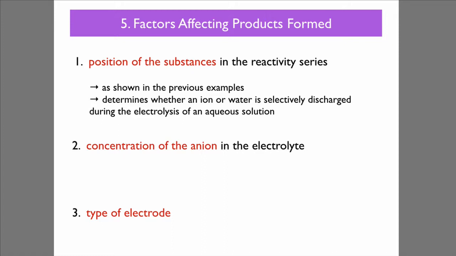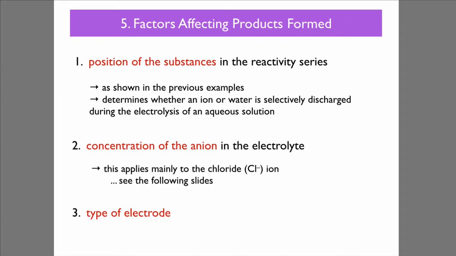You just look it straight up. If you had it in a test, you could even highlight water and then just look above or below. But the concentration of the anion in the electrolyte also affects products formed. This applies mainly to the chloride ion, and we're going to look at a later slide there. And the type of electrode also matters. Inert electrodes versus metal electrodes. And again, we'll have a look at the later slide.